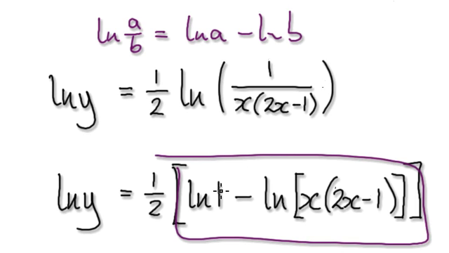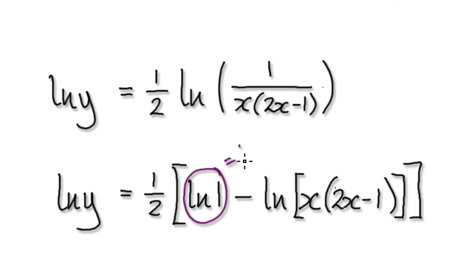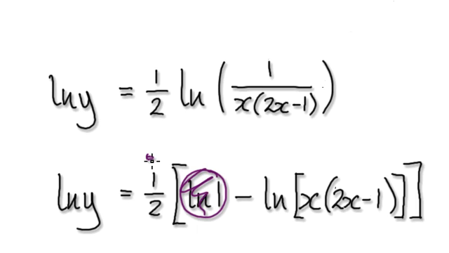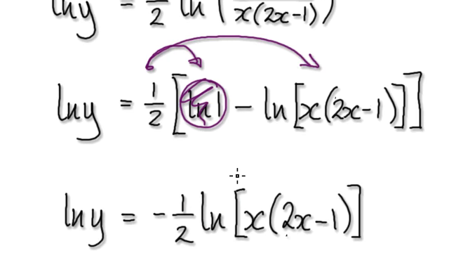And then this bit here is equal to 0, because imagine there's an e here, so e to the power of what gives us 1, and the only answer here is 0. So this bit here will be 0. And then later on this half times 0, and then half times this thing here. So that would then give you this.